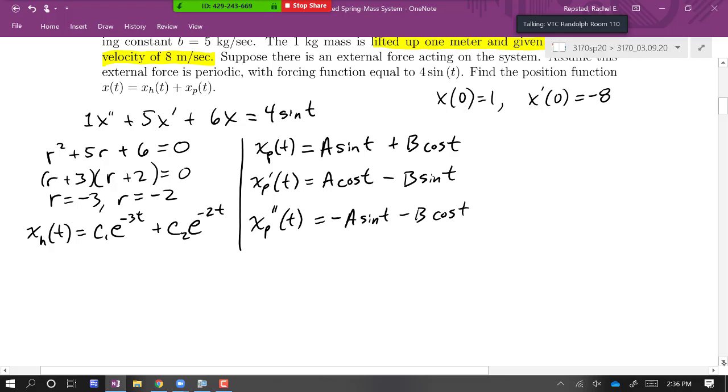I think we have everything we need to plug into the equation and figure out what A and B are. So our equation is x double prime plus 5x prime plus 6x, that's the left side. I'm going to make the substitution here. X double prime is negative a sine t minus b cosine t, and then plus 5 times x prime.